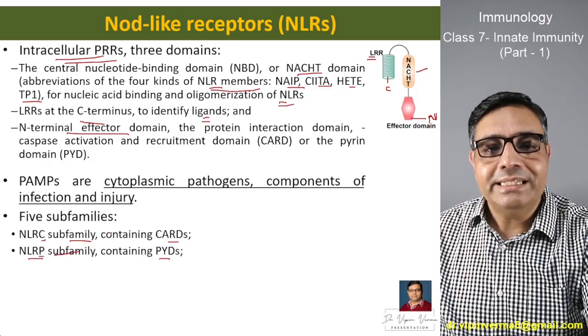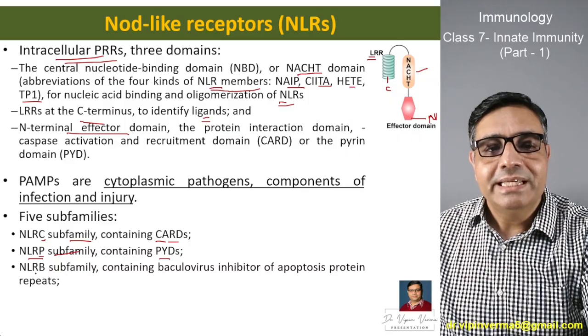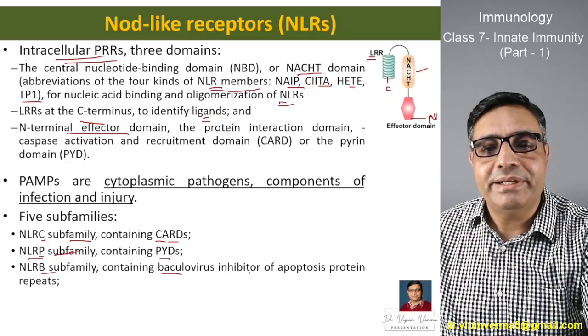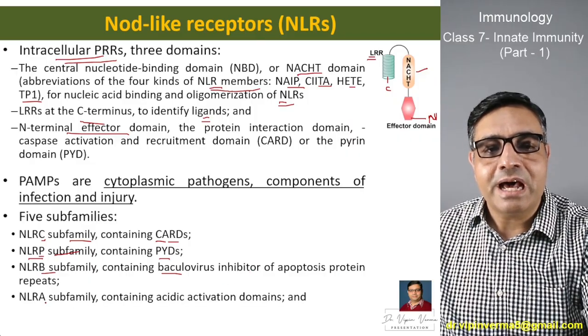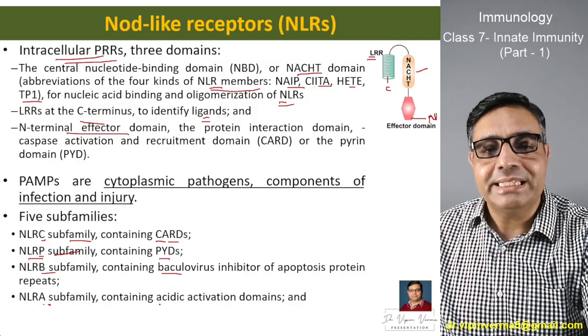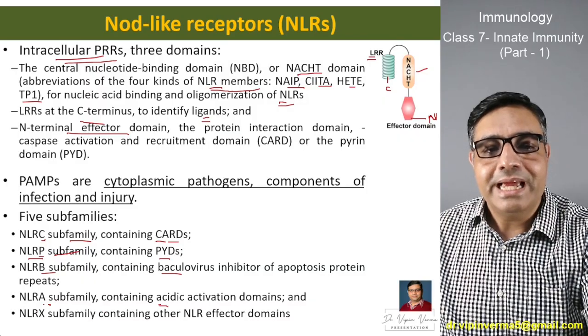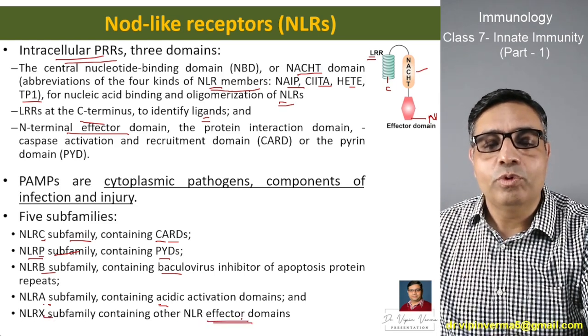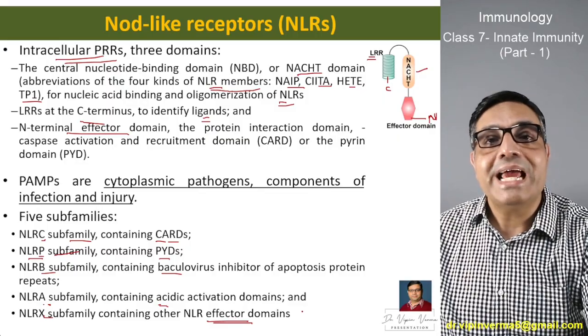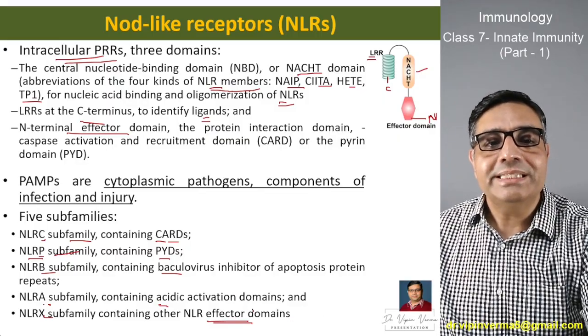Then we have the NLRB subfamily, which contains baculovirus inhibitor of apoptosis protein repeats. The NLRA subfamily contains acidic activation domains, and the NLRX subfamily contains other NLR effector domains, so since we don't recognize any, we have written X. So these are the five subfamilies.